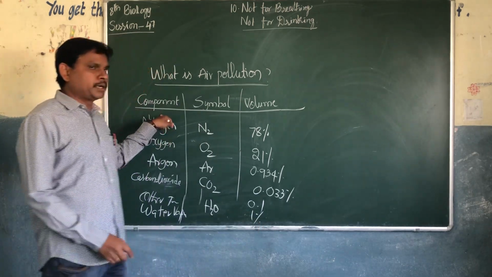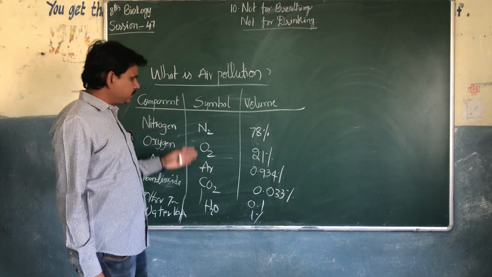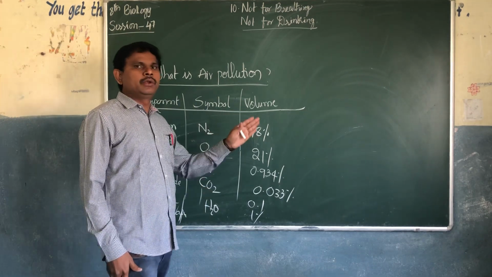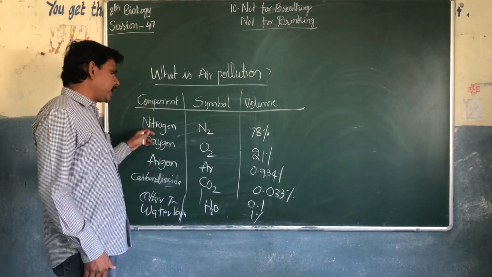This is very important. You have to write the component names, their symbols, and the volume of the components. The first one is nitrogen.